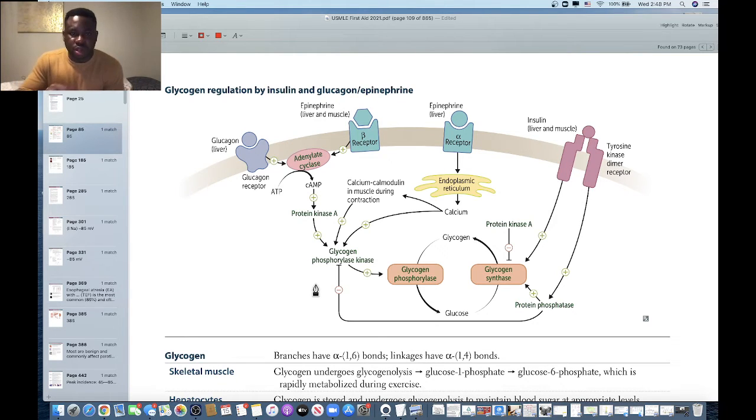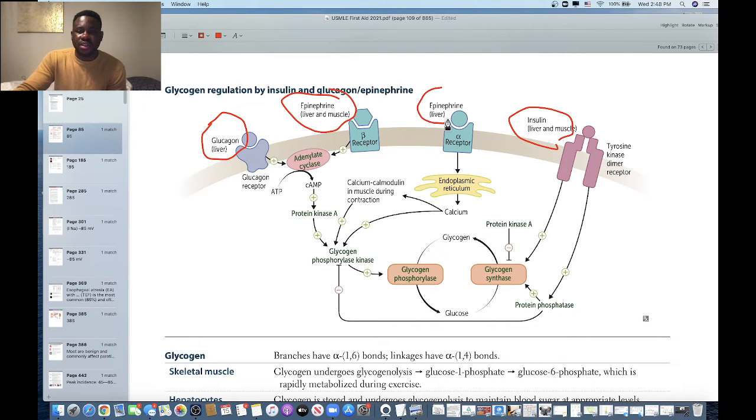What they want us to know is that in the liver and also in the muscles, certain things can regulate either formation of glycogen or breakdown of glycogen, because liver and muscle store glycogen for future use.